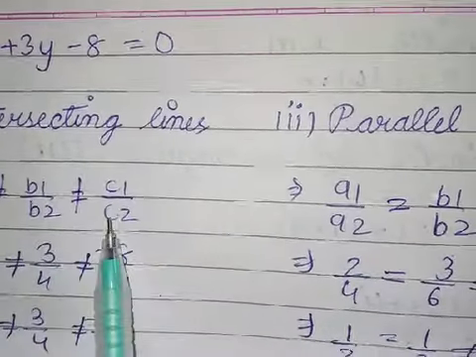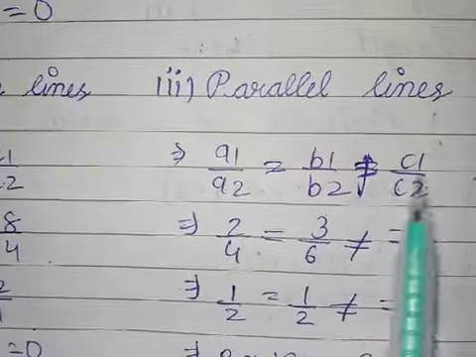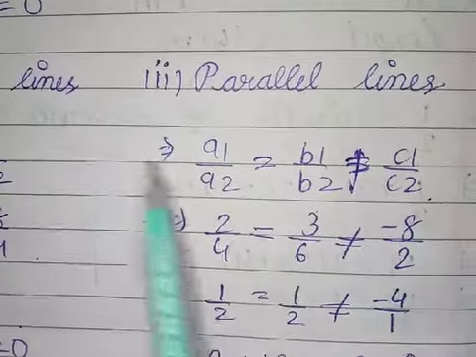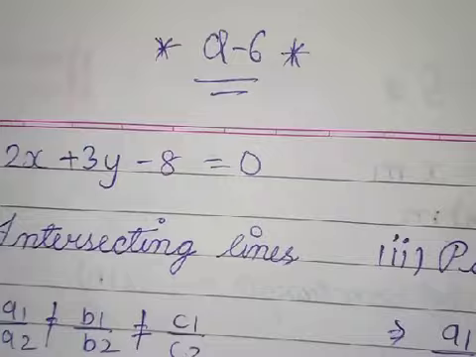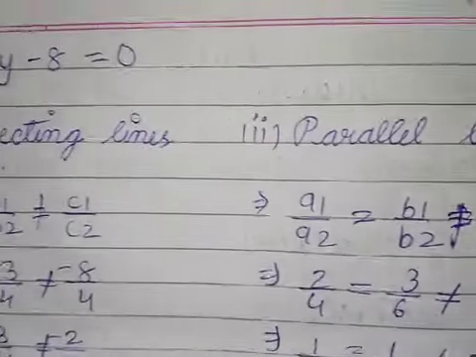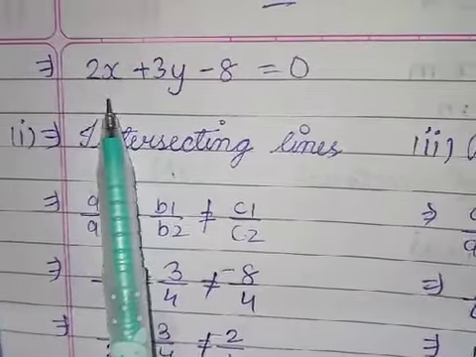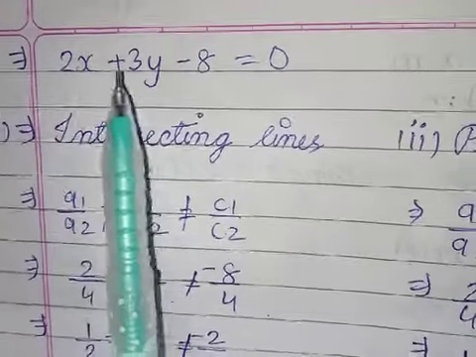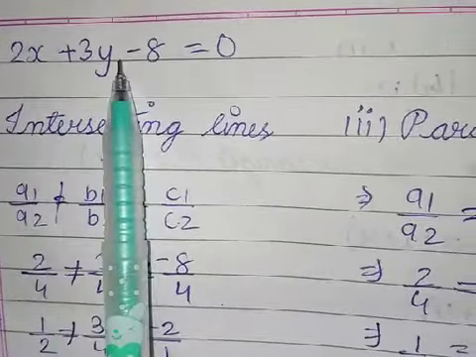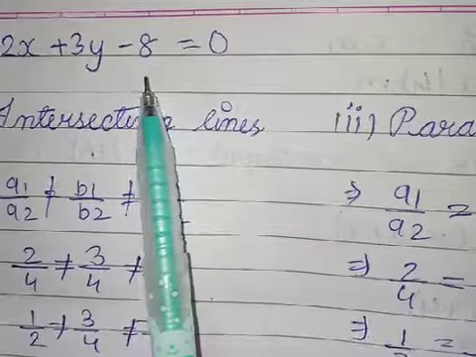Intersecting means all three are not equal. Parallel lines means two are equal but not equal to the third. So 2 by 4, you can write anything, but make these two equal. So it is 4 here, then 6 here, then also half, so they are equal. These two become equal, and the third should not be equal, so put 5 also here.